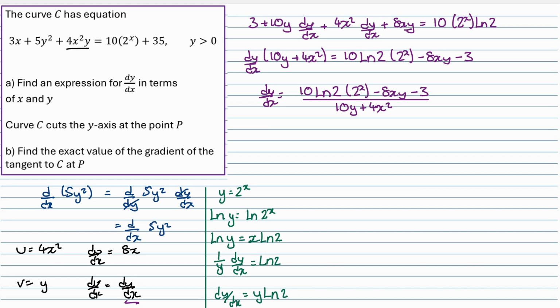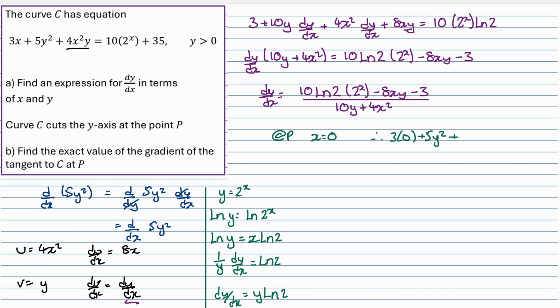And then for part B, the curve cuts the y-axis at point P. So at P, we know x is 0. So if we substitute 0 into here, we'll find the value of y. So therefore, we'll have 3 lots of 0 plus the 5y squared.